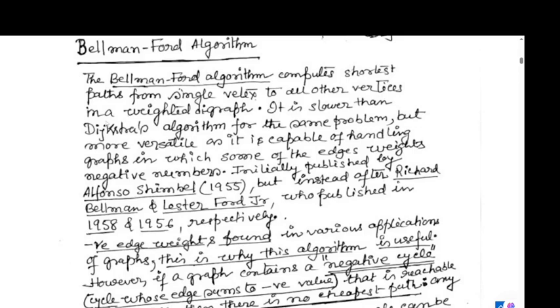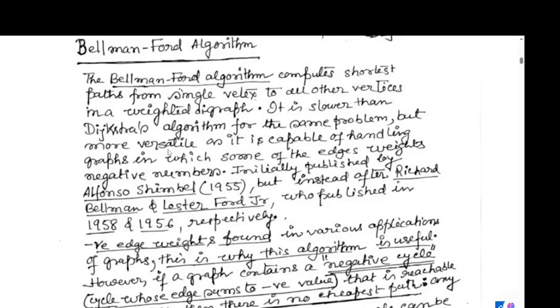It is slower than Dijkstra's algorithm for the same problem, but more versatile, as it is capable of handling graphs in which some of the edge weights are negative numbers. So basically, Bellman-Ford can deal with negative weights in a graph.